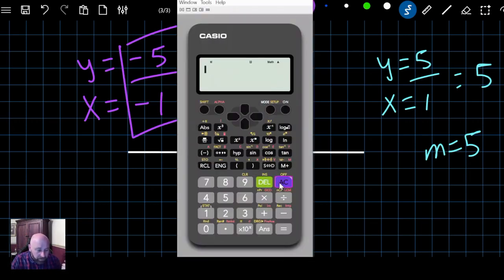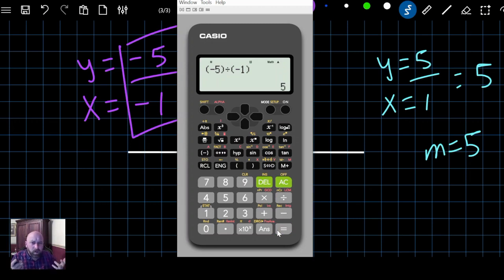Let's go back to the calculator and put in negative 5, in parentheses, divided by negative 1. Well, that's going to give us a positive 5. Remember our rules: negative, negative, when we divide, we get a positive answer.